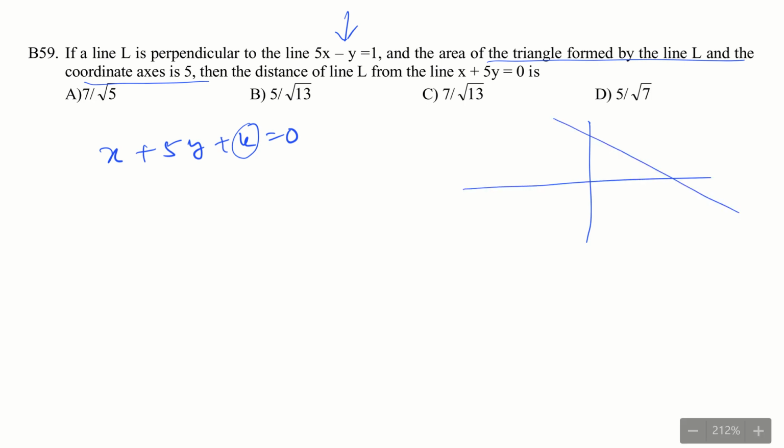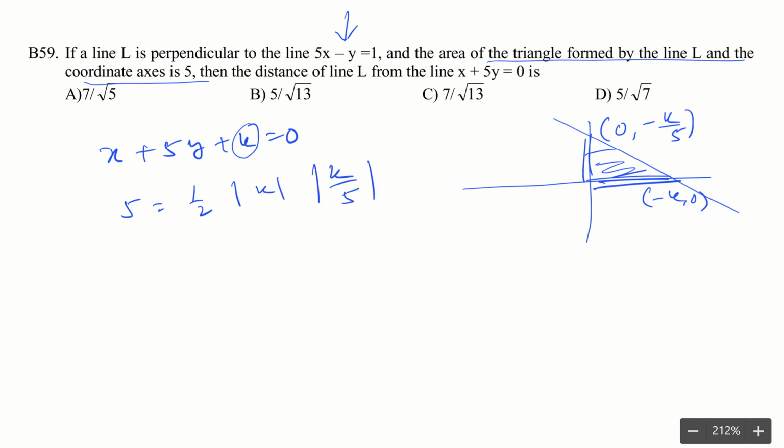So x-intercept, if I go for putting y is equal to 0, I am getting minus k comma 0. And for y-intercept putting x equal to 0, I am getting it as minus k by 5. So I am going for area of this triangle. That area he gave as 5 is equal to half mod k times mod k by 5. So I am getting from this k square is equal to 50.